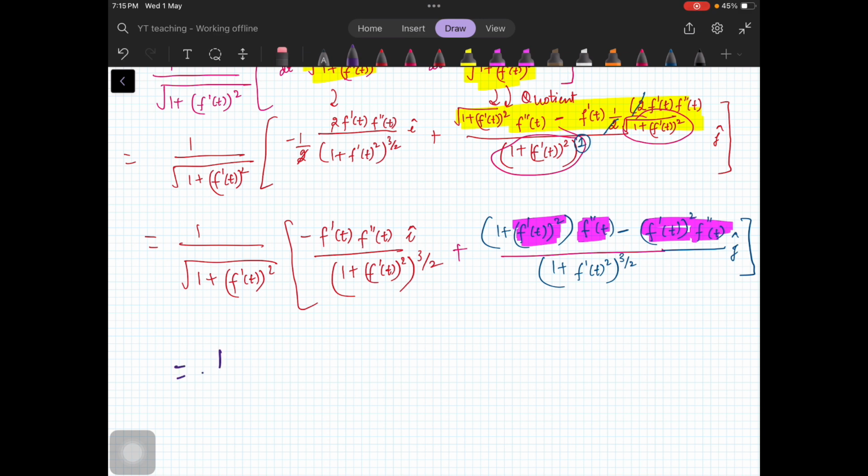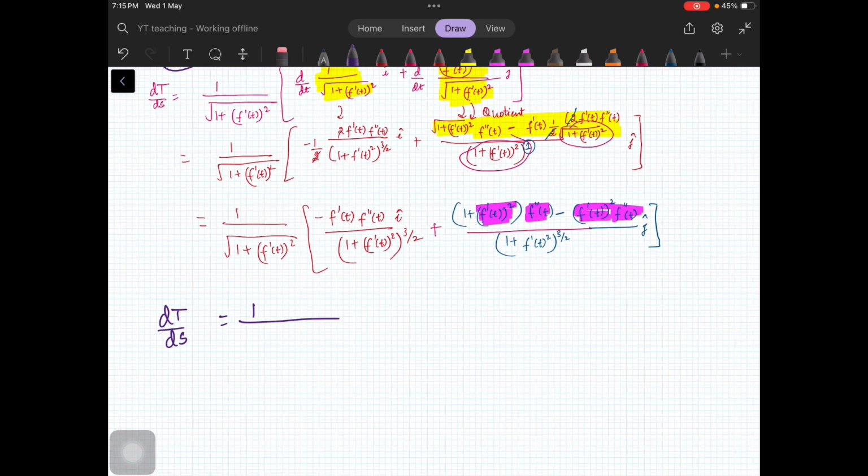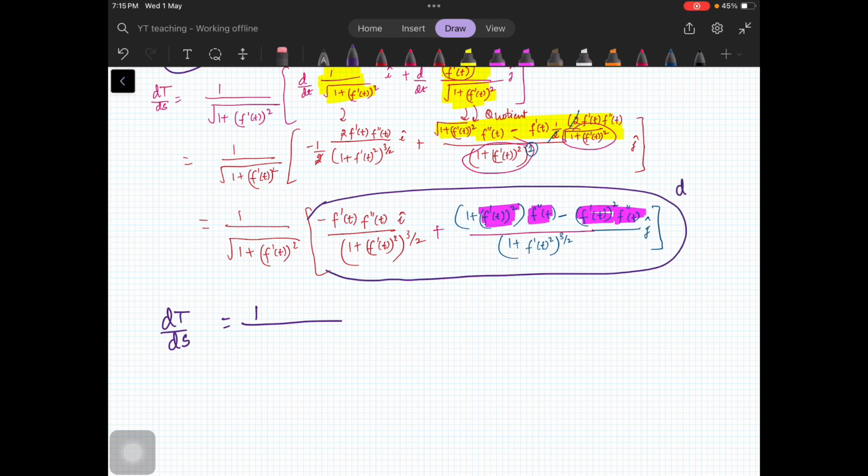So, we will get, this was our dT by ds vector. Okay. This was our dT by ds vector, but remember that whatever is inside, because we will need it, whatever is inside, that is dT by dt. So, do not merge for now. Okay.